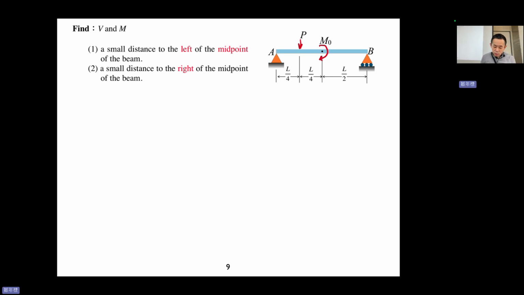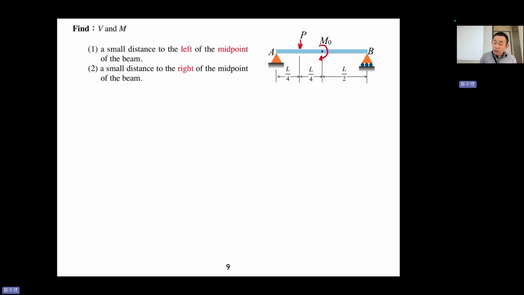It asks us to determine a small distance to the left of the midpoint of the beam. So this point, it wants us to determine: what is the shear and moment? And a second problem, a small distance to the right of the midpoint. So problem 1, problem 2.